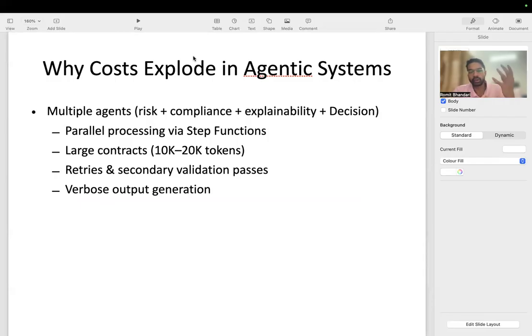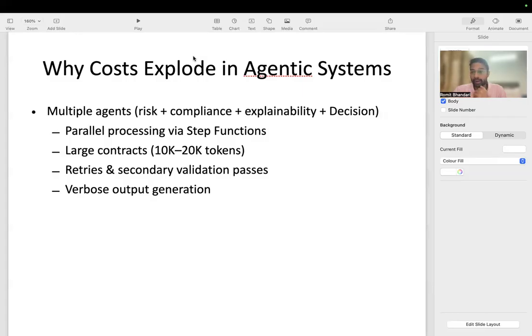If you are doing a contract review, that would generally involve a risk agent, a compliance agent, maybe a separate agent for explainability, or combined into risk and compliance, and then a decision agent, which ultimately tells you whether it requires human approval or not. And so you have a lot of LLM calls happening. That is the main reason why costs can explode or become exponential, right?